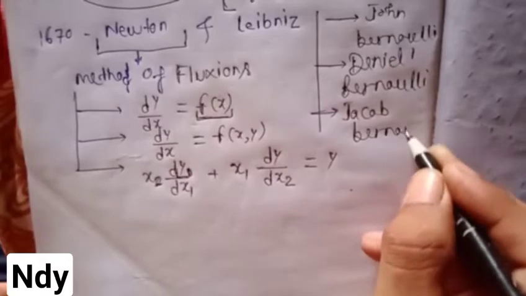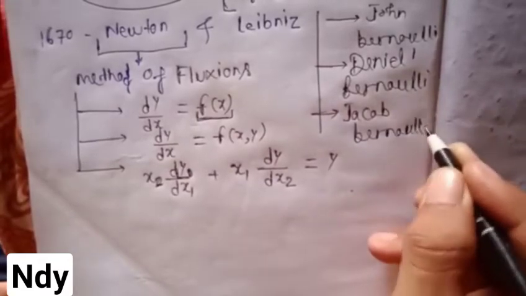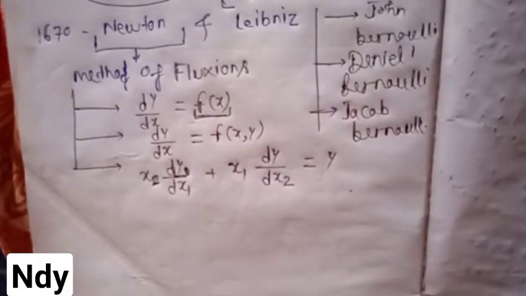So there were a lot of Bernoullis. They developed this theory at different times and different stages, and also applied it to physical problems like fluid dynamics and wave motions, etc.